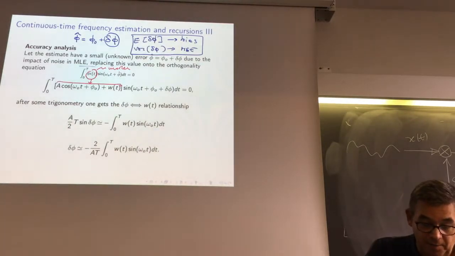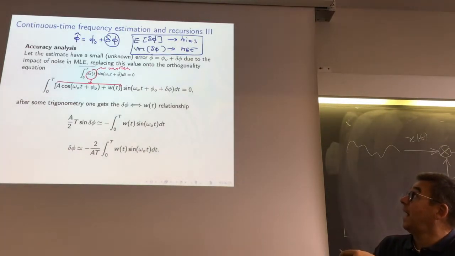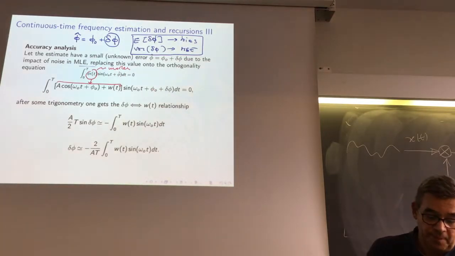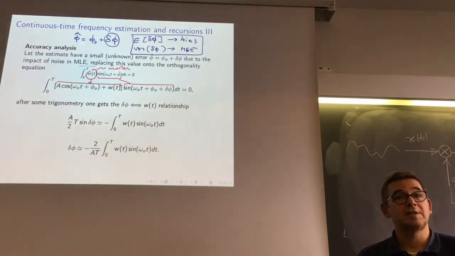The second part remains the same, except that in place of phi hat, I have phi 0 plus delta phi, and in place of that, I have equals 0.